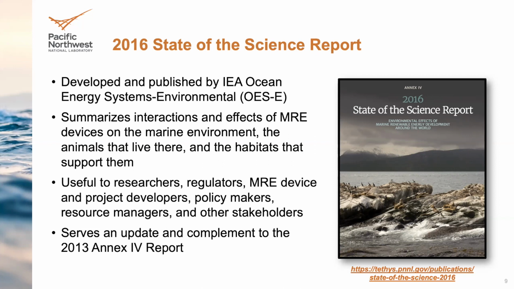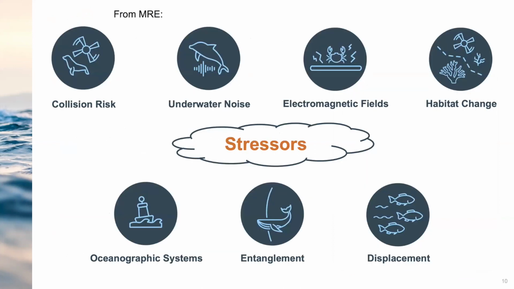There was a previous smaller report written in 2013, and this really sort of adds to that. So digging into this, from the marine renewable energy point of view, we think of environmental effects as consisting of interactions between stressors and receptors. Stressors are those parts of a device or a system that are likely to put stress or cause injury or potentially death to animals in the marine environment. And the receptors are the animals or the habitats themselves.